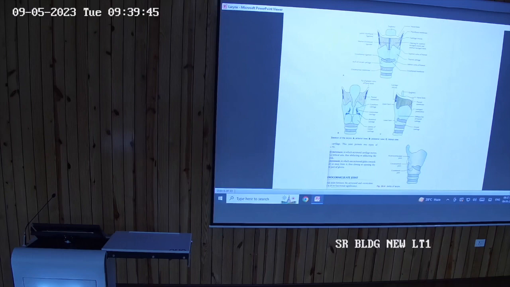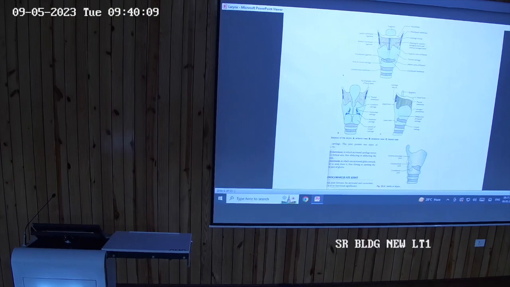Now look at the posterior surface. On the posterior surface there are different ligaments that I have told you about previously, on the posterior surface of the thyroid cartilage. You want to see again?